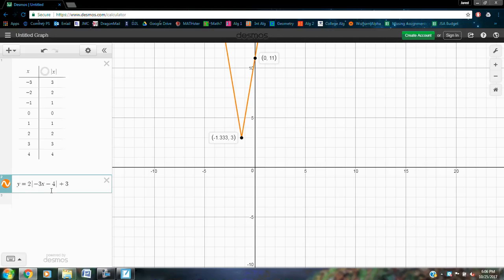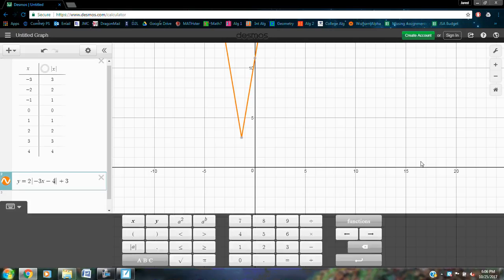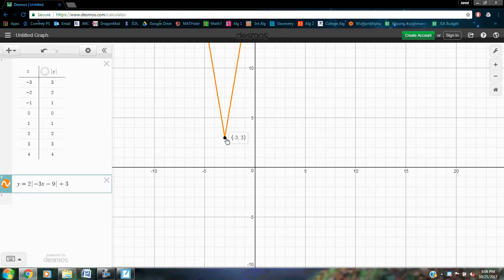So let's see, what if I used a 9 here. That might make things a little bit easier to see. If we use 9, 9 divided by this negative 3, that's how we can see this exactly here. From here, we go up 6 and over 1. So it should be right here. Oh, there we go.